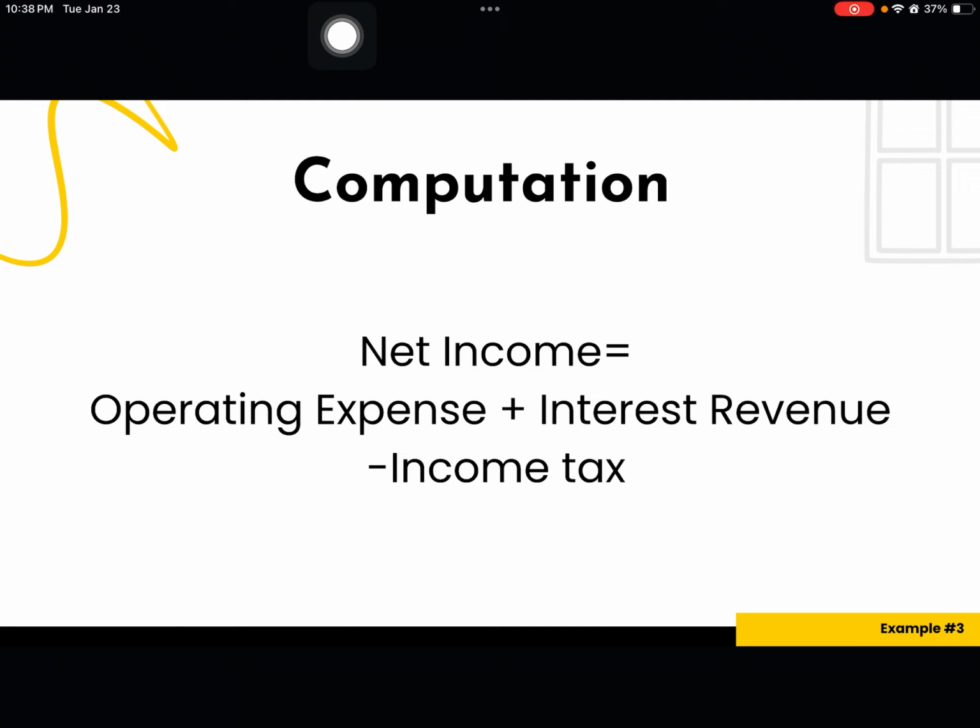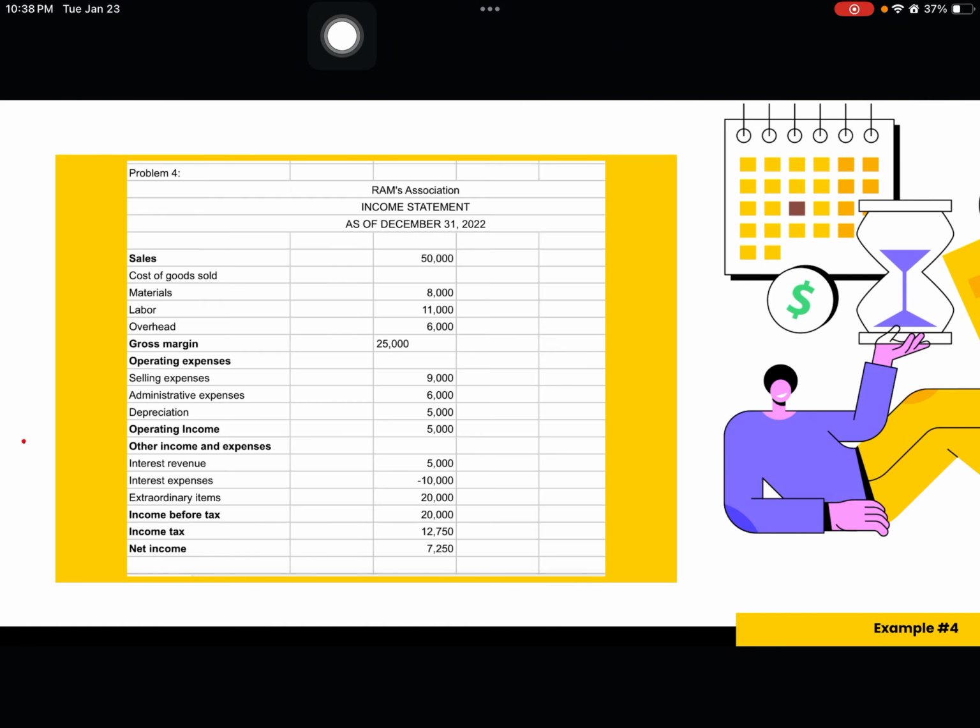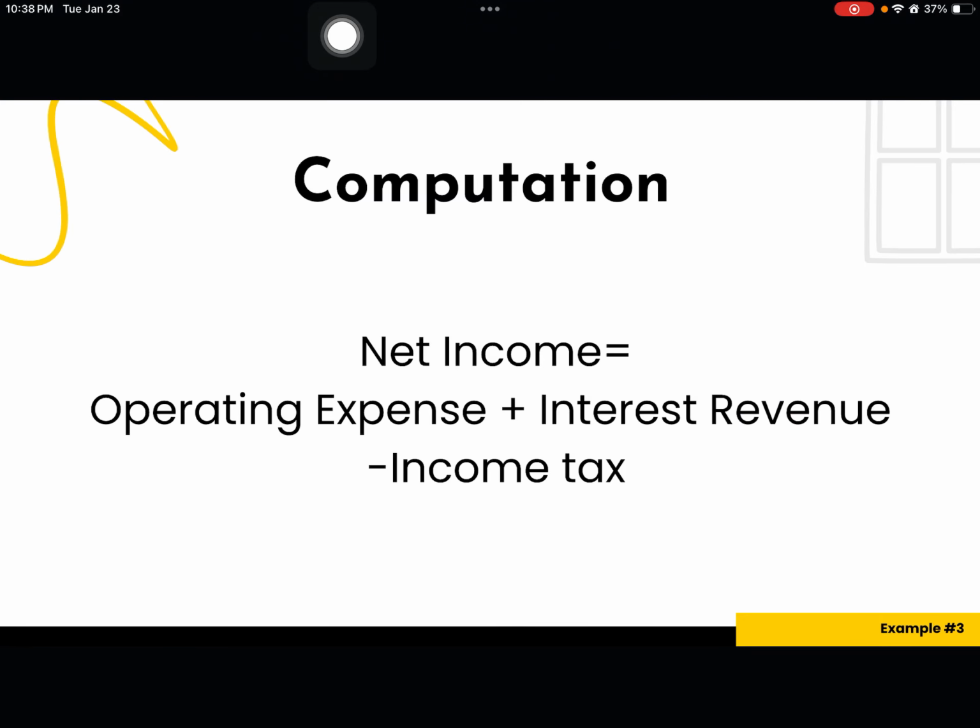Now we can proceed to the computation of how to get the net income of Rams Association.